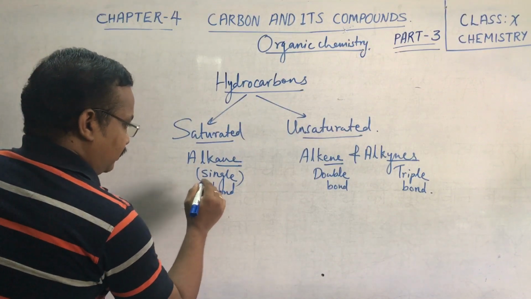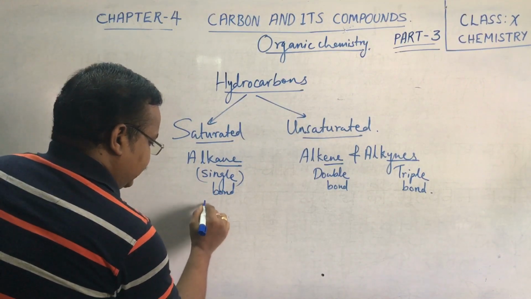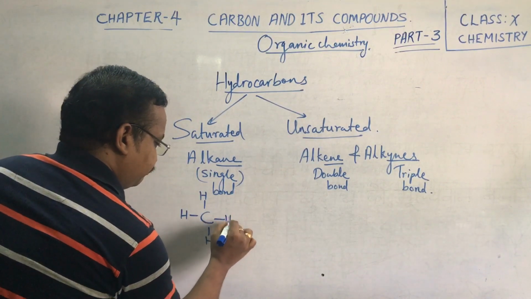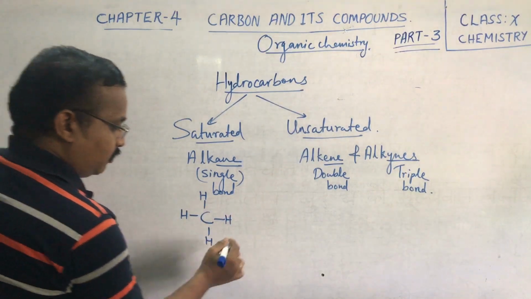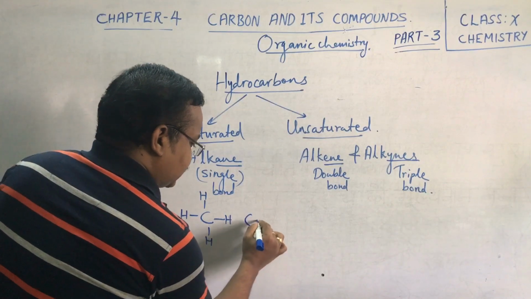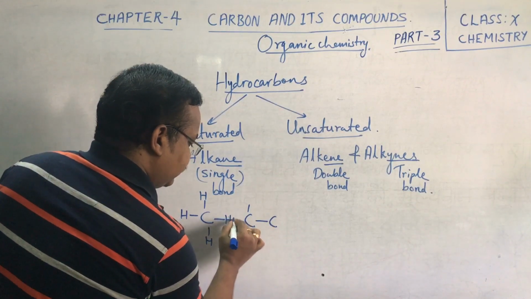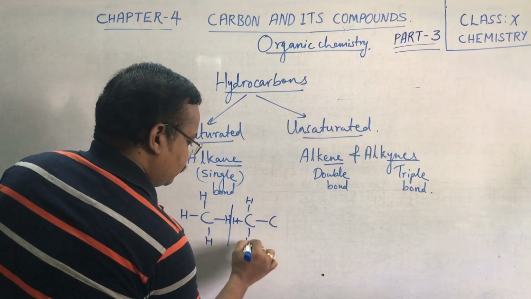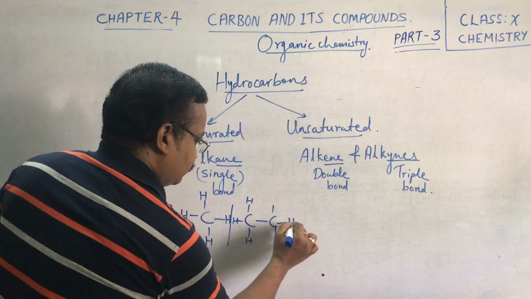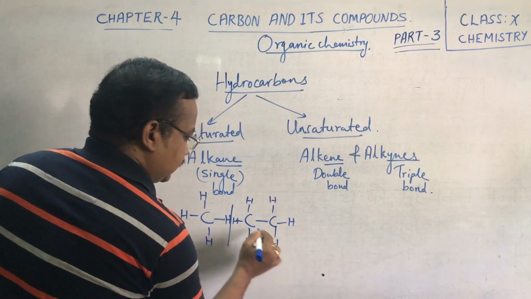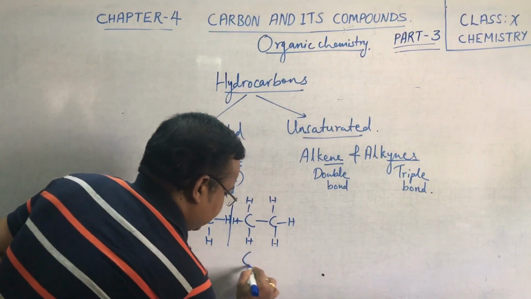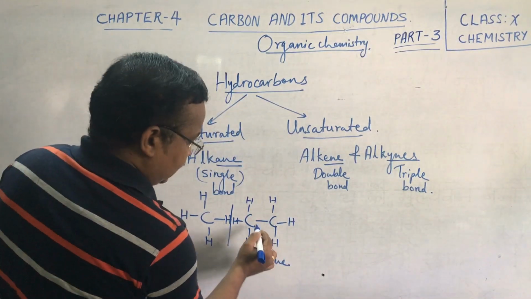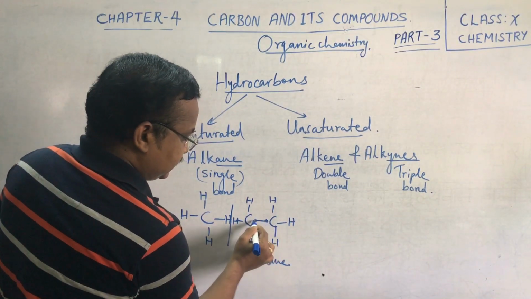In case of methane, we have seen that only hydrogen is involved, so methane we cannot consider much. So in case of ethane, this is our ethane. In ethane, a carbon single bond is there.